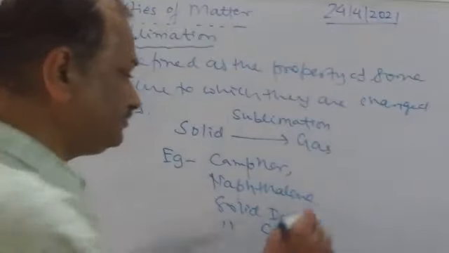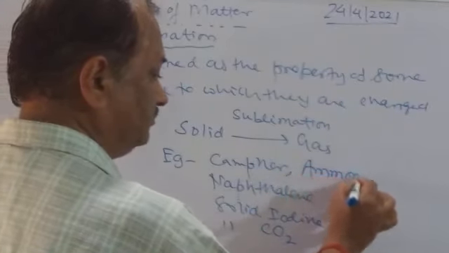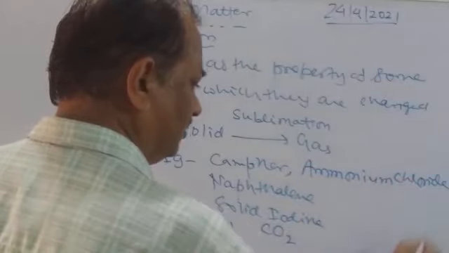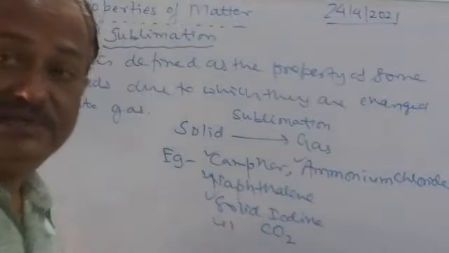One more is ammonium chloride. So these are 1, 2, 3, 4, and 5 substances.